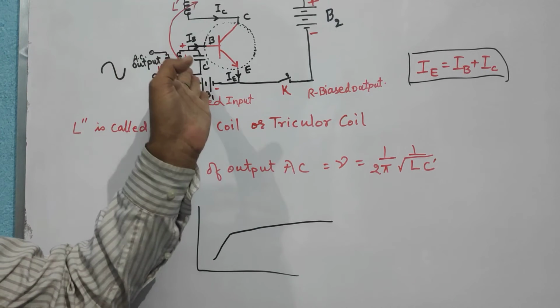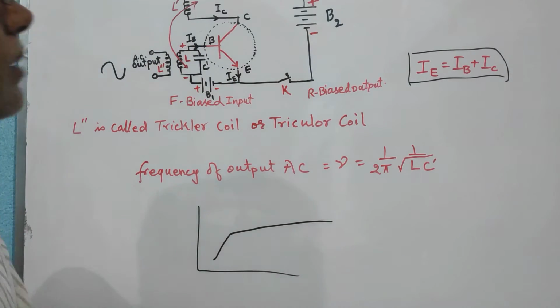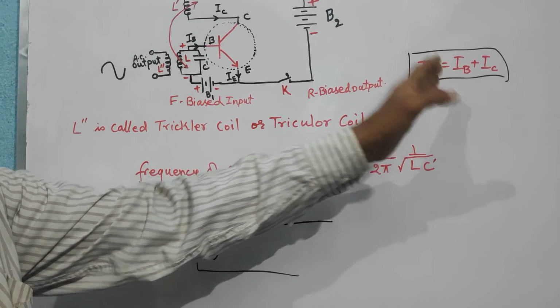Now there is no EMF induced across the coil L when the collector current is saturated.